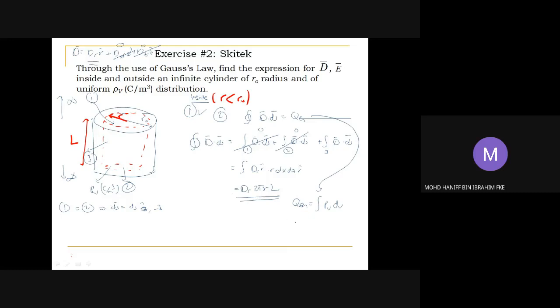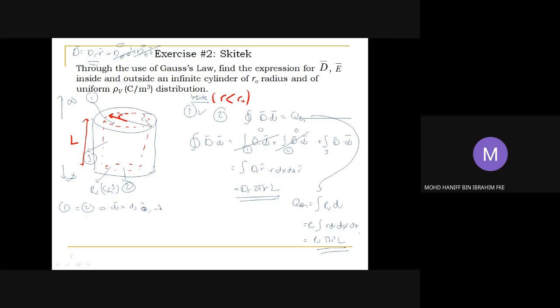So the dv will be equal to r dr dφ dz. If you proceed further, we're going to have ρv πr²L. That will give us the enclosed charge.